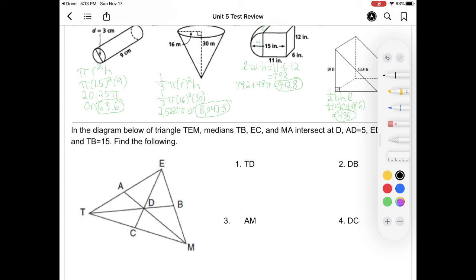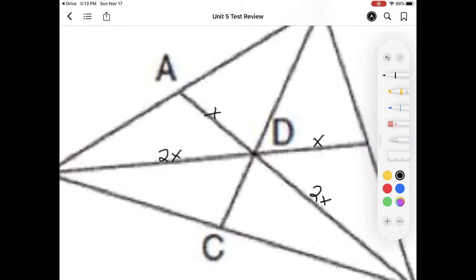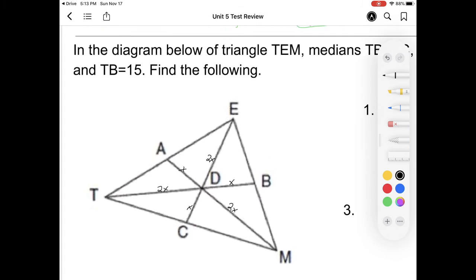As soon as you're told that, you can go ahead and label it. Here's your x, here's your 2x, for each line.